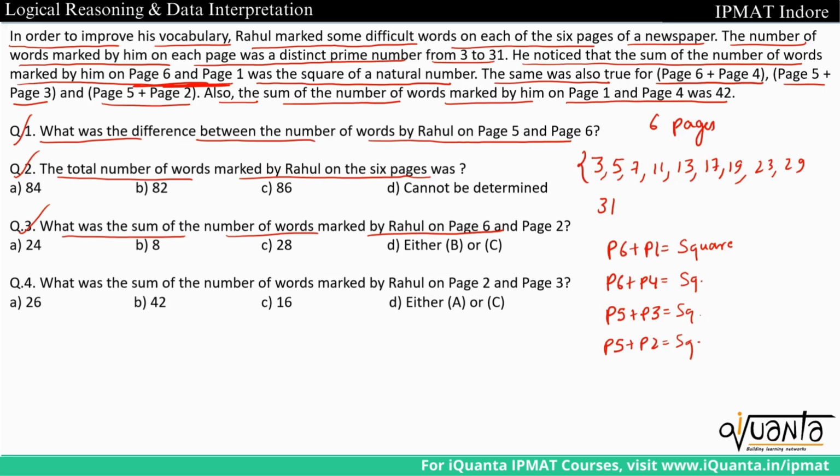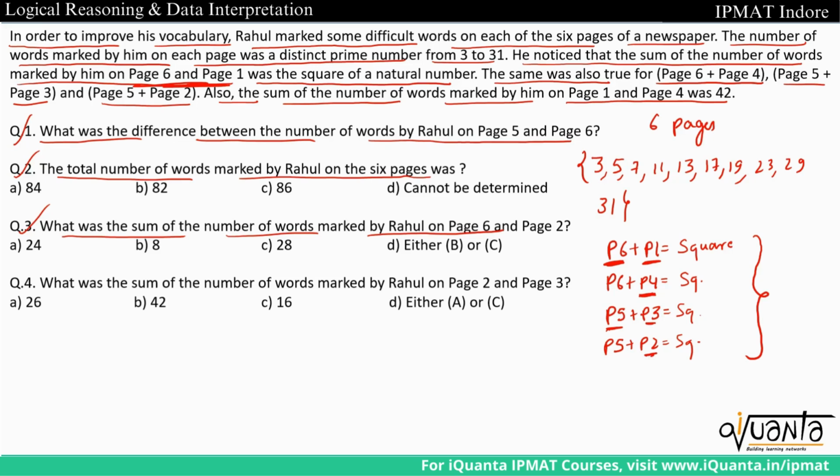Now the possibilities of the number of words that can be marked on these 6 pages are from these numbers, 3 to 31. In all the equations that we have over here, we have the number of words on page 1, page 6, page 4, page 5, page 3, and page 2.